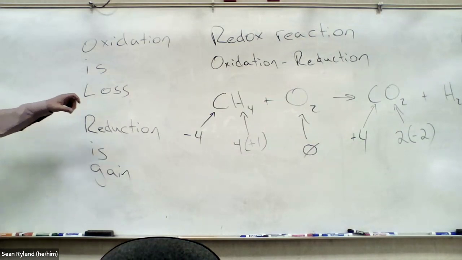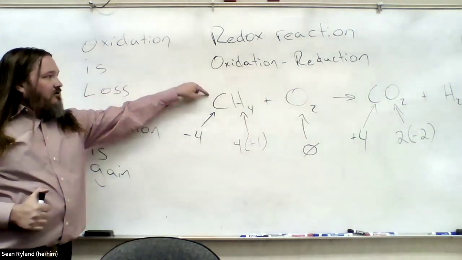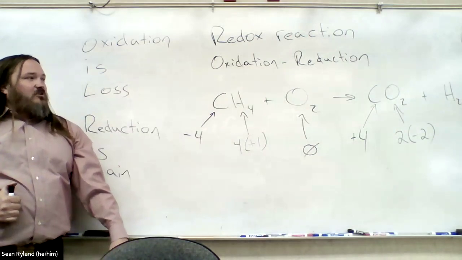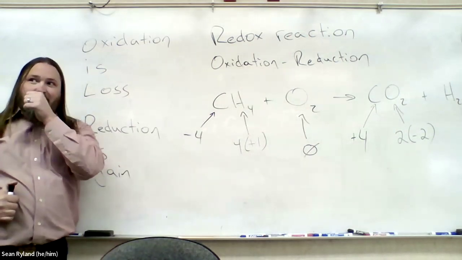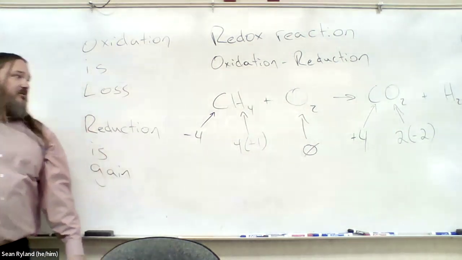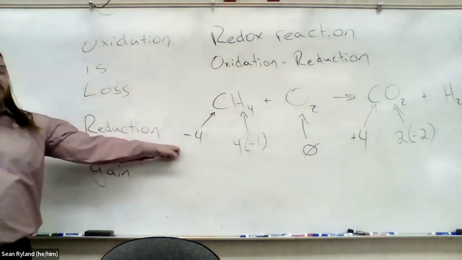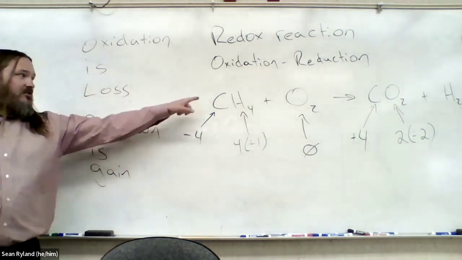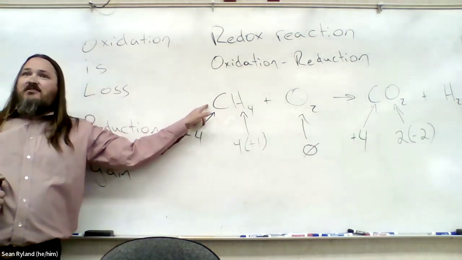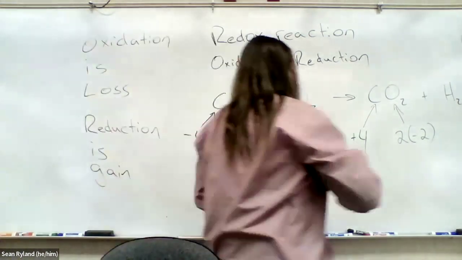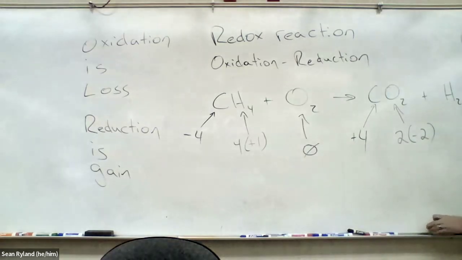So what's been oxidized and what's been reduced in this reaction now? The methane is being oxidized, most specifically the carbon in the methane is being oxidized. Because what's the oxidation state of our hydrogens in the water? There are 2 of them and they're each +1, because your oxygen is -2.